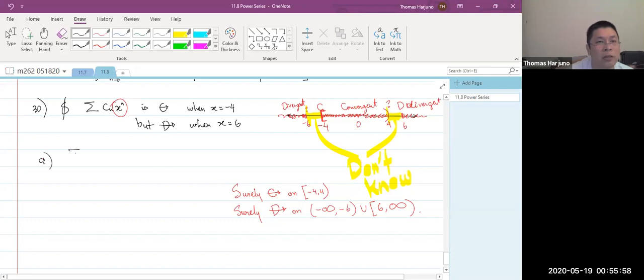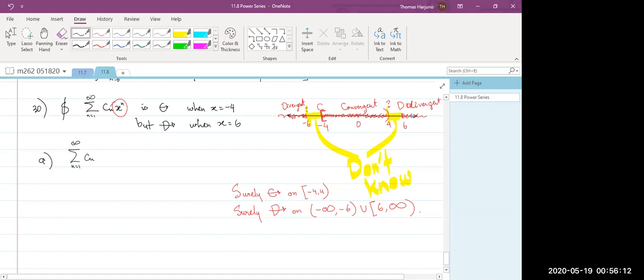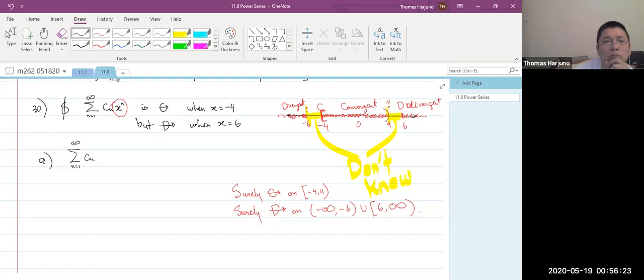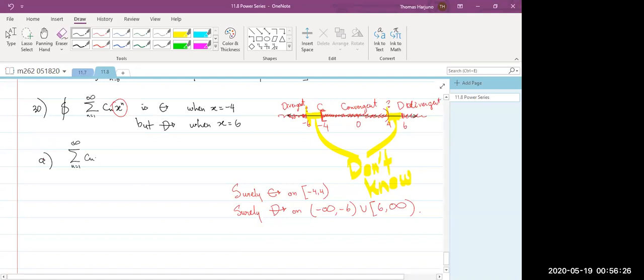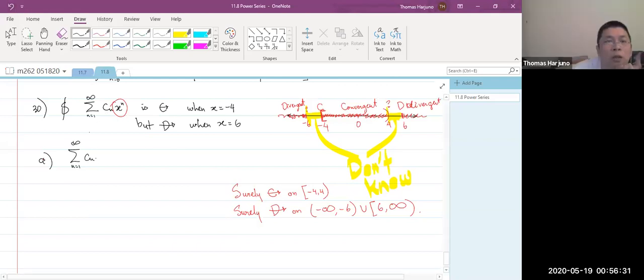Part A, how about the series sum of Cn? Will that be convergent? No, it's just adding a constant. Cn on its own would just be adding a constant, right? I think it's convergent because it'd be 1 to the n. But your argument, the sum of constants, this is not a constant all the way, right?